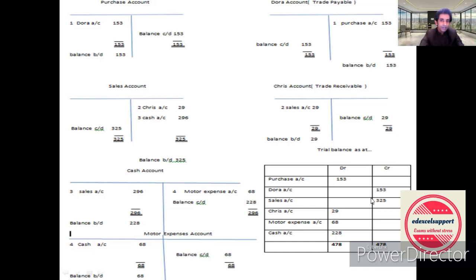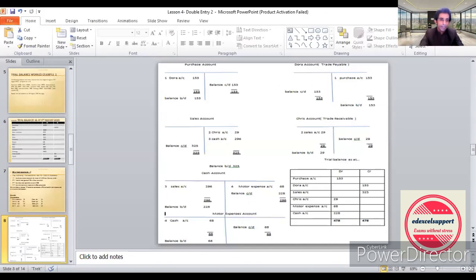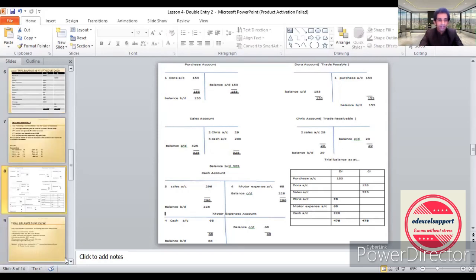Cash account, 228 debit. Then you add the figures in debit and credit. The total will be 478 and it is tallied. So a complete sum was discussed here. So I think you got an idea about preparing a trial balance.